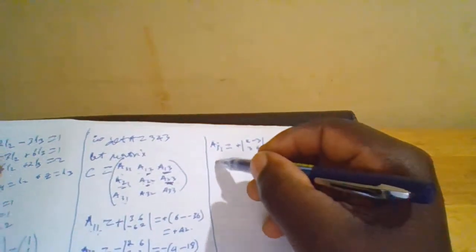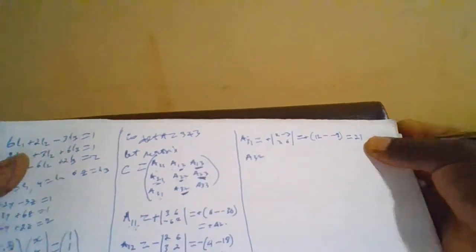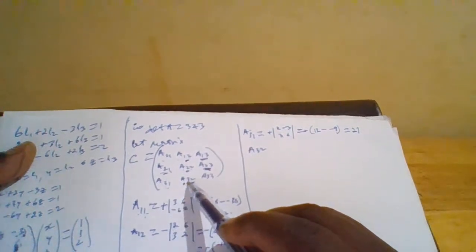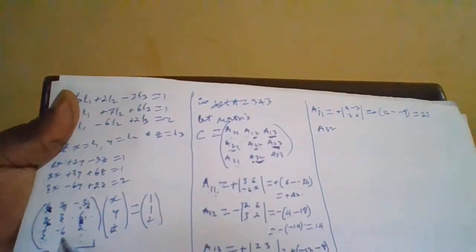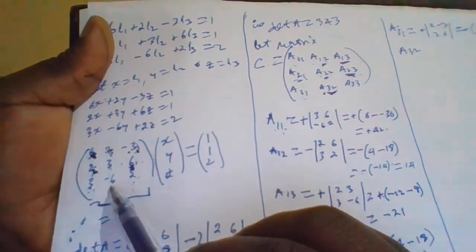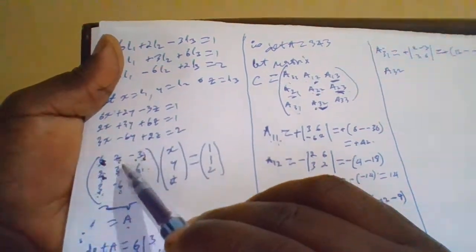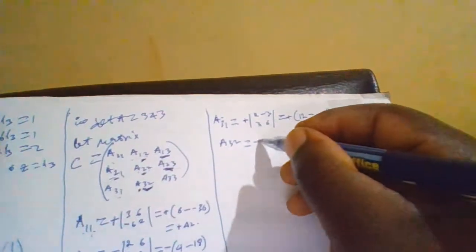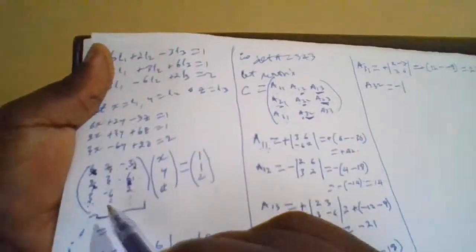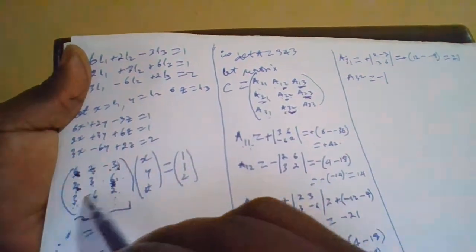So we move on to get A32. This element 32 corresponds to negative 6. What is the place sign of this element? It will be positive, negative, positive, negative, so it will be negative. The minor of this element will block this column and this row.